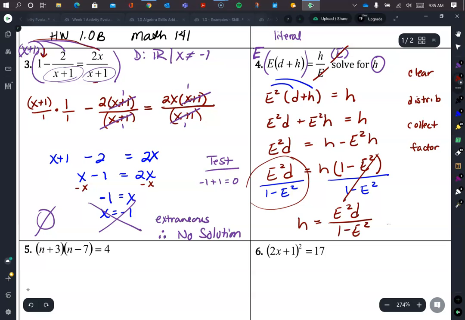Now you might have gotten a little bit different version of that with some negatives and such, but if you just factor out the negative and rearrange things, it really is equivalent to the same answer. And then you would just leave your answer like that. There's no test to see if we have an undefined situation or anything. It's just a literal equation.